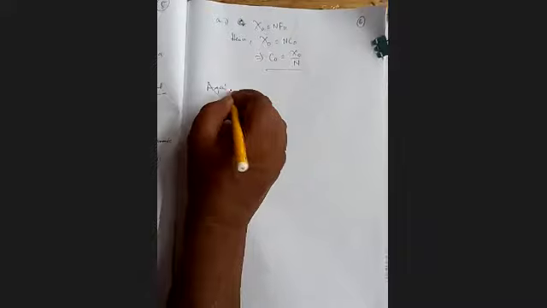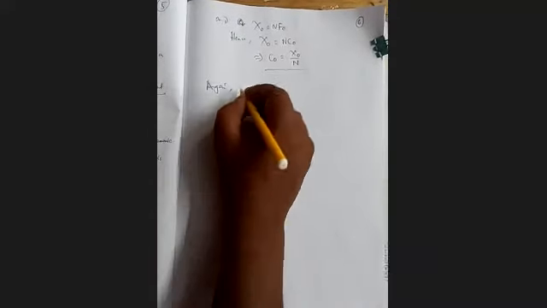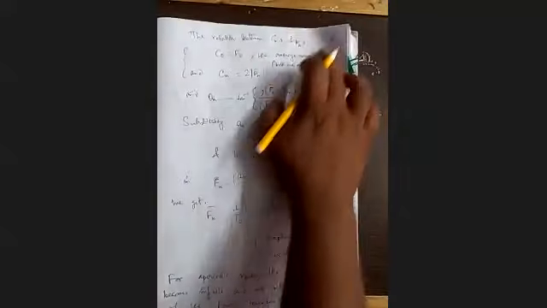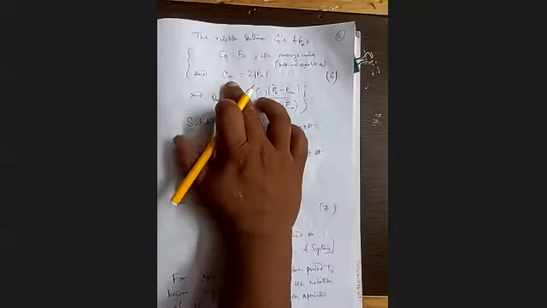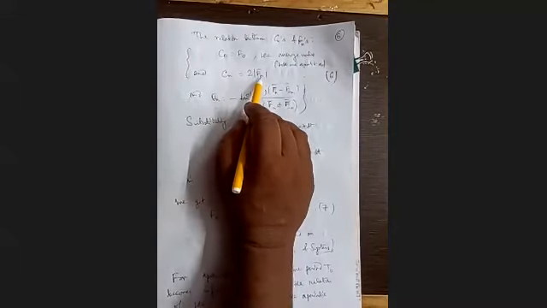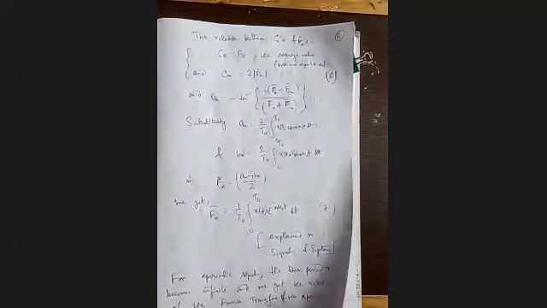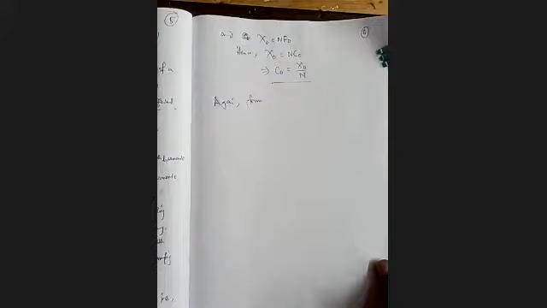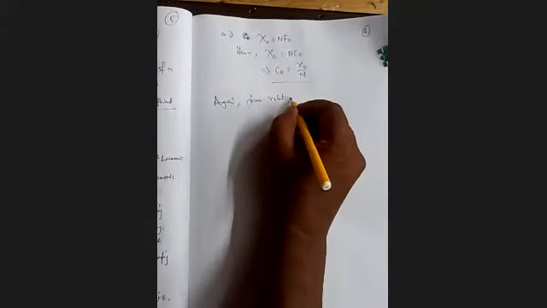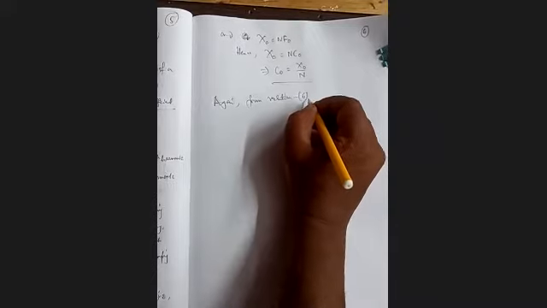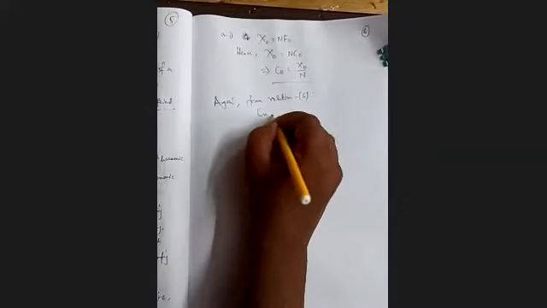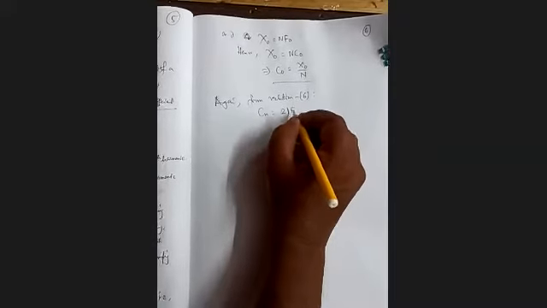Clear? Again, now we see our another relation, relation 6. Here you see Cn equal to 2Fn. So again from relation 6, Cn equal to 2 into mod of Fn.